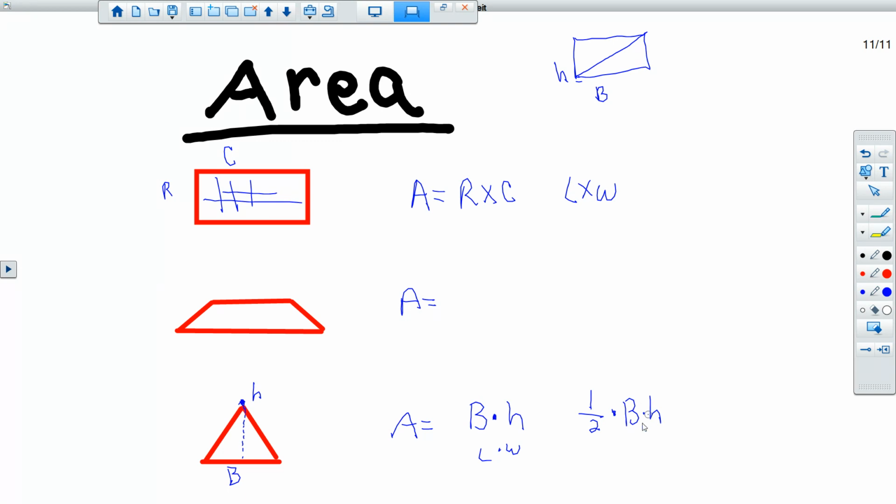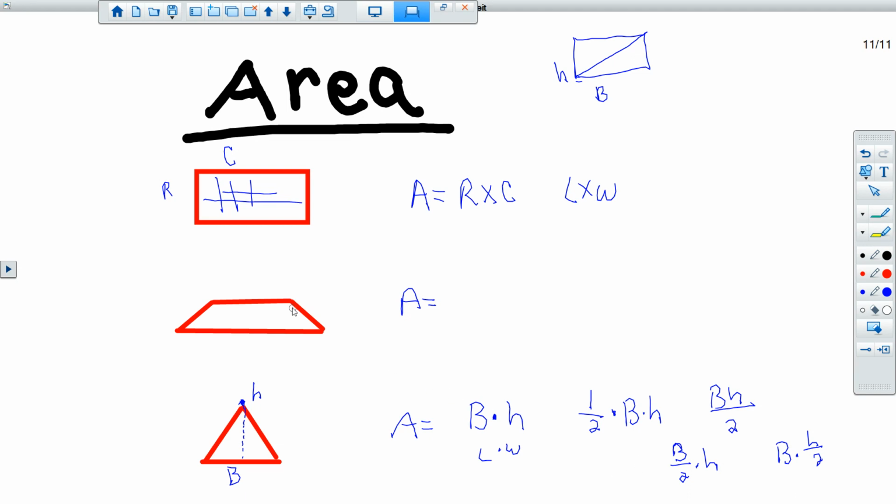There's many ways that we can do this base times height. We can write it this way, 1/2 base times height, or we can do base times height divided by 2. And that really helps us later on. We're going to be using those.